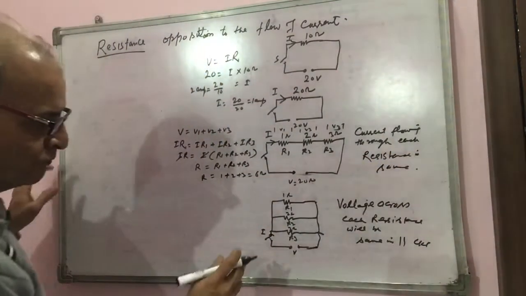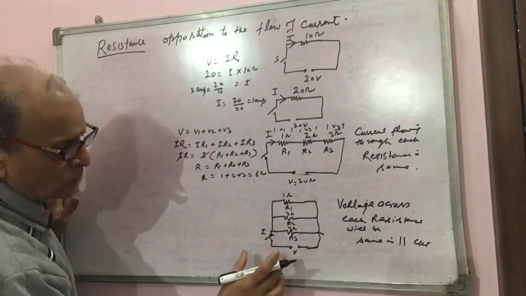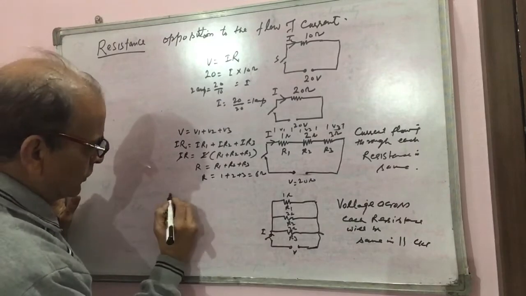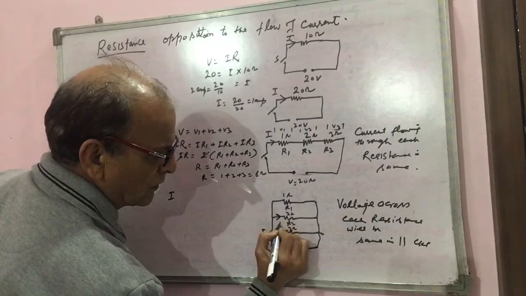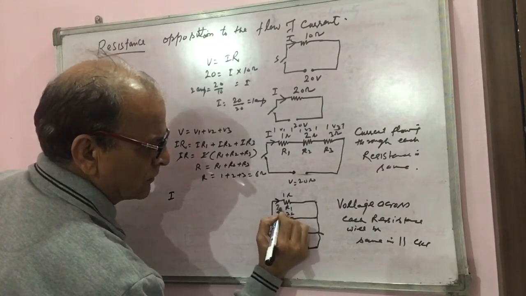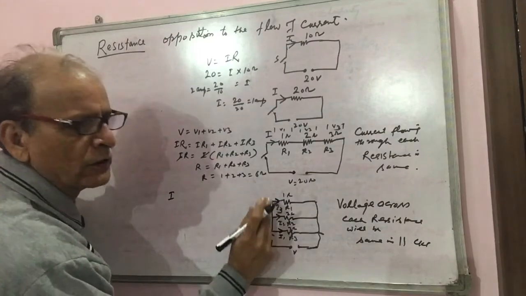But different currents flow through the three resistances, and I will be divided into I1, I2 and I3.